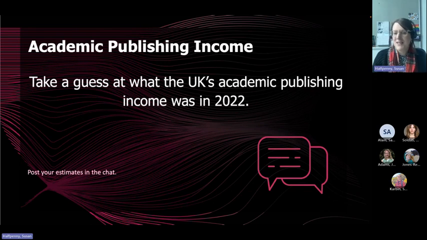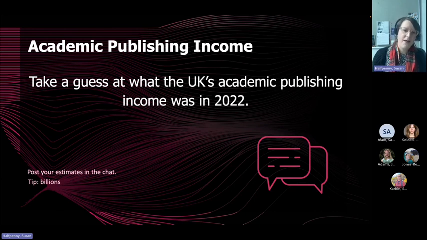So I was hoping, just in the chat, I'm not going to go out into a Jamboard, if people could take a guess at what they think the UK's academic publishing income was last year. I am also going to give you a little bit of a tip, that maybe you're thinking billions.